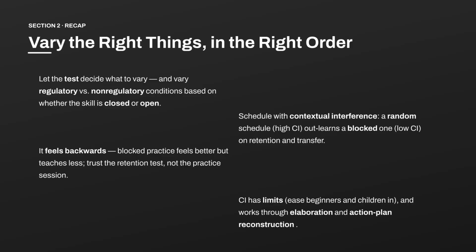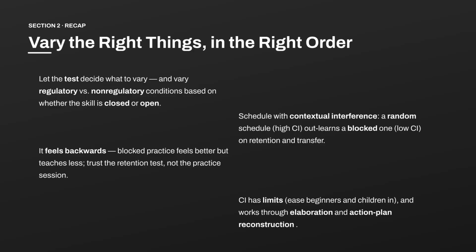Let me recap part 2, the engine room of this chapter. The what: let the test situation tell you which conditions to vary, using the regulatory versus non-regulatory distinction, and the type of skill. Closed without intertrial variability, hold regulatory constant and vary non-regulatory. Closed with intertrial variability, or an open skill, vary more or everything. The how: schedule practice using contextual interference.